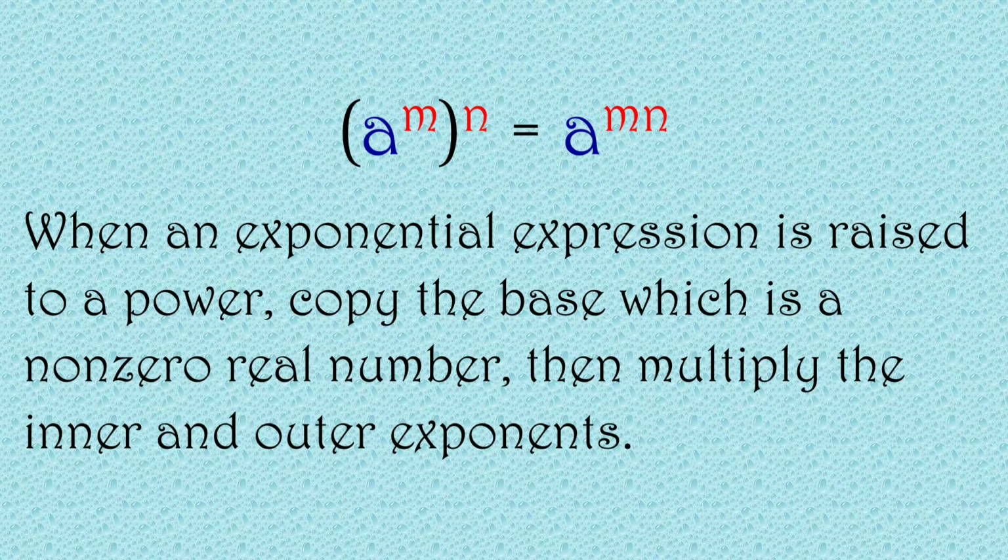So, kapag ang ating expression ay naka-raise sa power, tapos diba may naka-power pa ulit dun sa labas, kukopyahin lang natin yung base, tapos i-multiply natin yung nasa loob na exponent tsaka nasa labas.